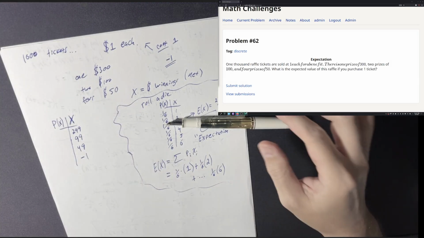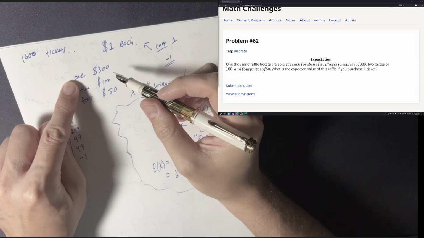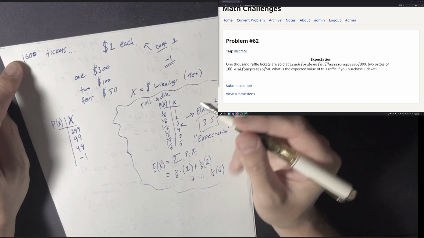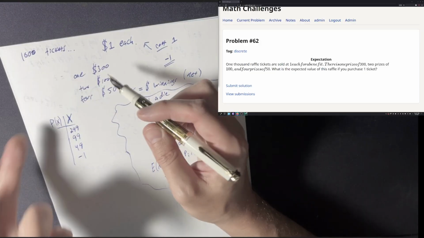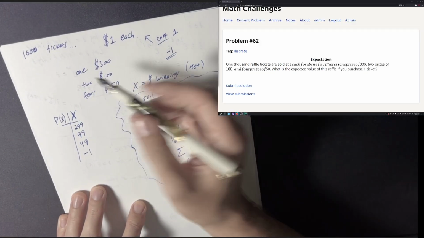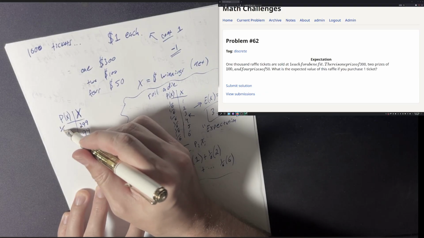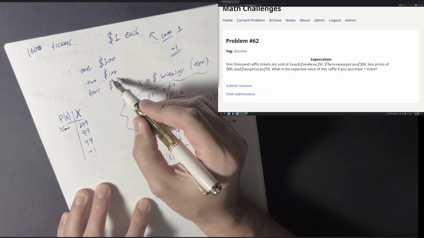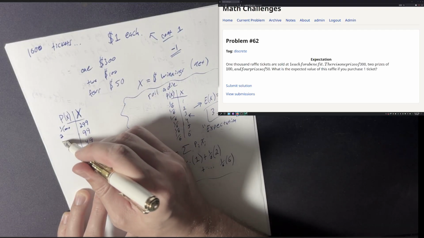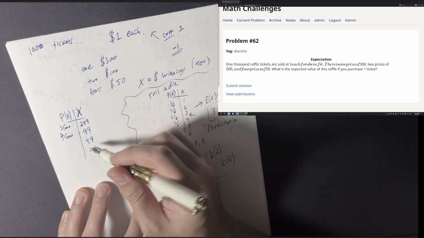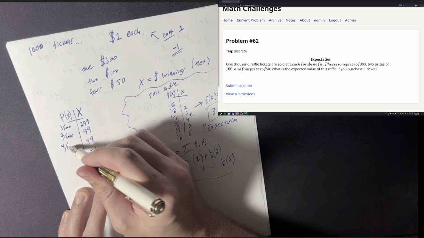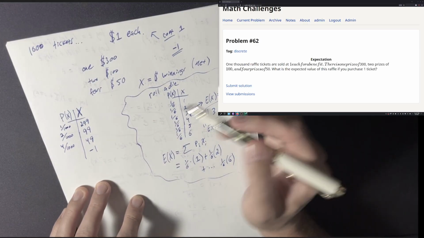So assuming these things are distributed randomly, of course, this one ticket has a 1 in 1,000 chance of occurring. When you buy a ticket, there's a 1 in 1,000 chance that you got that one ticket, right? So that's the probability here, 1 out of 1,000. The $100 tickets, there's 2 of those, so I'm going to put a weight of 2 out of 1,000. There's 4 $50 tickets, so there's a 4 out of 1,000 chance of getting that.